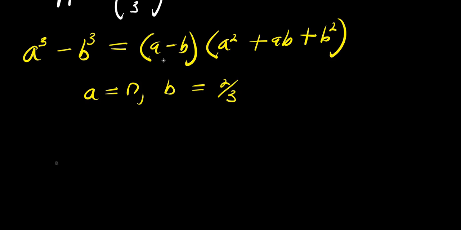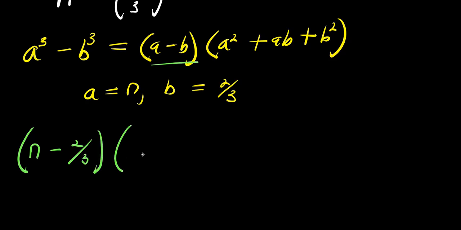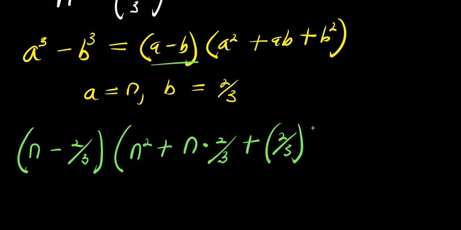So what we are going to have for a minus b, we have n minus 2 divided by 3, times n to the power 2 plus n times 2 divided by 3 plus b squared, that is 2 divided by 3 raised to the power of 2, and this equals 0.